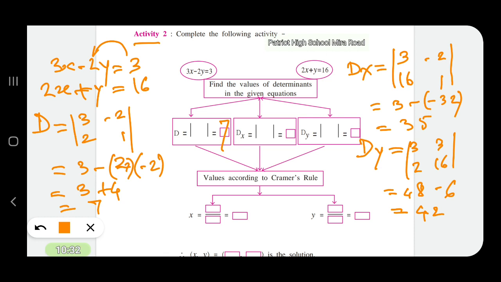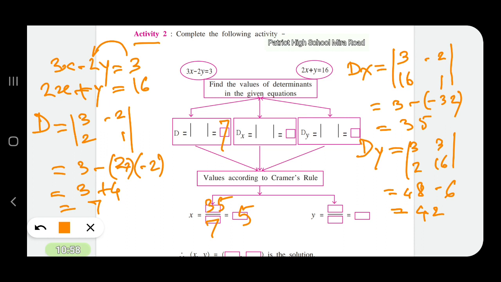So how do we find the value of x? It will be Dx upon D. Dx is 35, and D will be 7. So 35 upon 7 will give you 5. What about Dy? What about y?